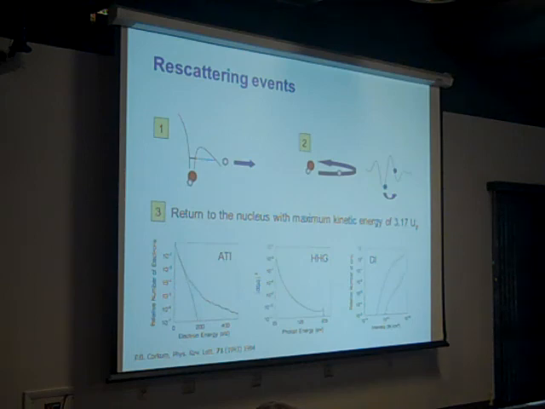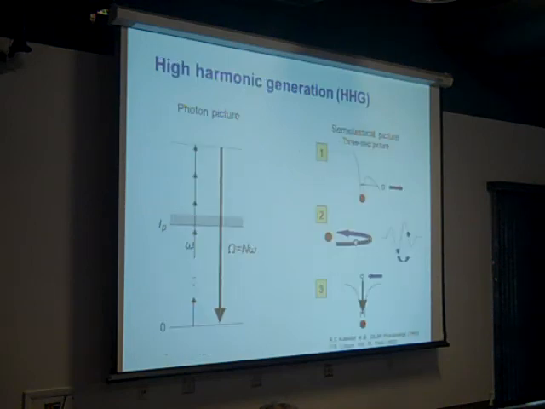It's 3.17 Up. It's not pi times Up, but very close to it. So it's 3.17 times the ponderomotive energy. So that tells me, if I'm looking at high harmonic generation, this is the maximum kinetic energy with which the electron can return. So that is the maximum energy that it can release when it is recaptured back.